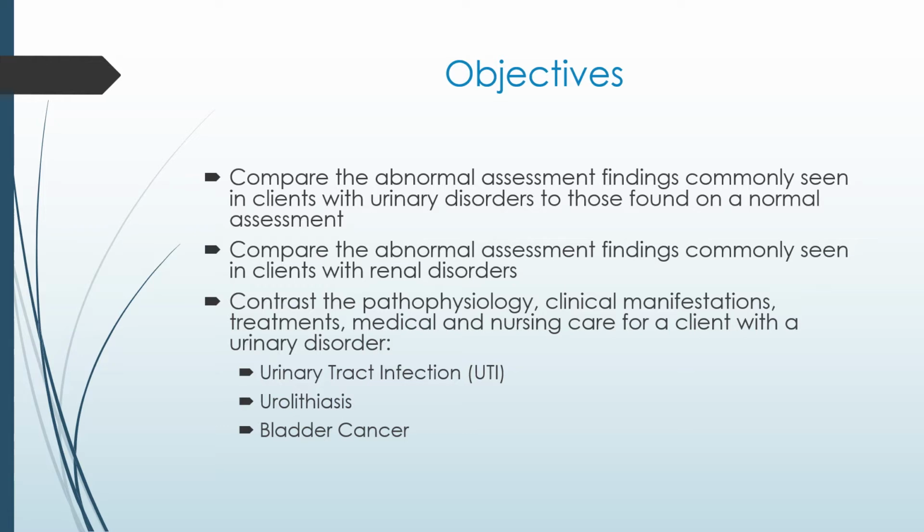We will contrast the pathophysiology, the clinical manifestations, treatments, medical and nursing care for a client with these urinary disorders. And we're going to be talking about urinary tract infections. We're going to talk about UTIs, which are very common. We are going to be talking about urolithiasis. We are talking about bladder cancer.